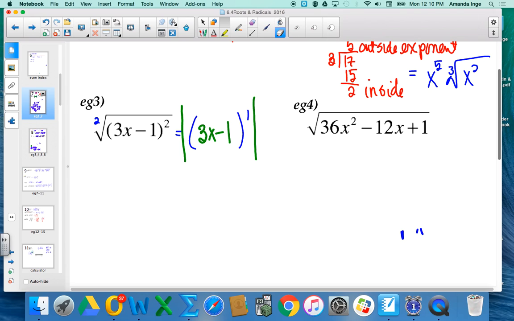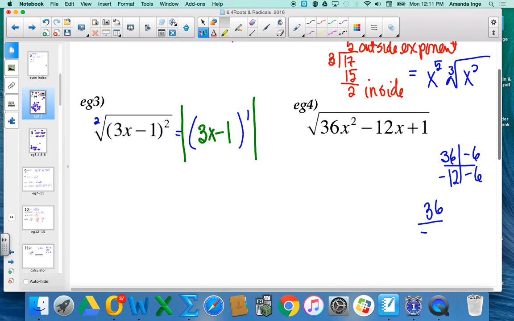Let's look at this problem. Notice it's a trinomial. You got to factor it. So we're looking for the factors of 36 that when multiplied together give us 36 and add together give us negative 12. Come on, somebody. Negative 6 and negative 6. So 36 over negative 6 gives me 6 over negative 1.